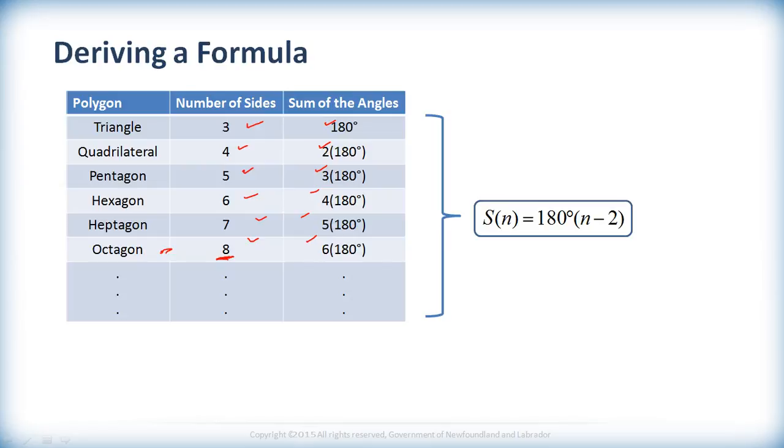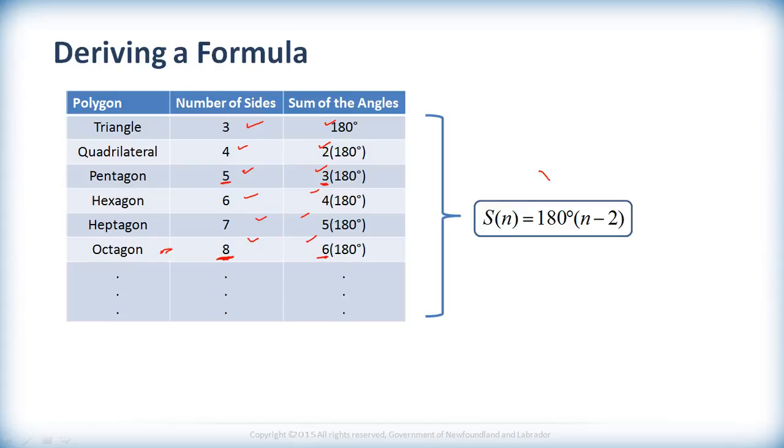So if we look here, we've got 8 sides, and we multiply 180 by 6. When we had, say, 5 sides, we multiplied 180 by 3. So we're always multiplying 180 degrees times 2 taken away from the number of sides that we had. So it's n for the number of sides, so we multiply by n minus 2 times 180 to get the sum of all of our interior angles.